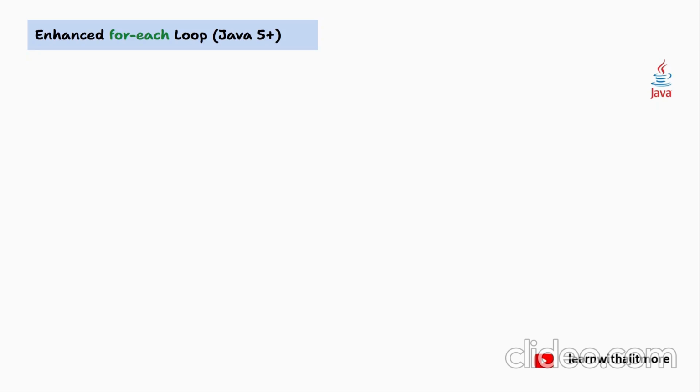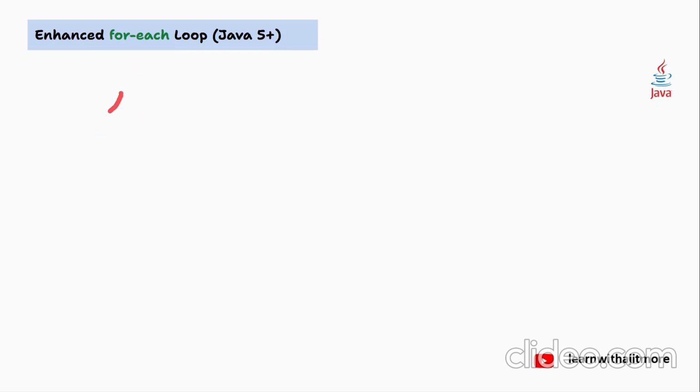Okay. So that will be learned in an exhaustive way, in depth, breadth, everything. But for the time being, I'm saying that if you have a collection object and you want to traverse that collection, then also you can make use of this type of for loop.